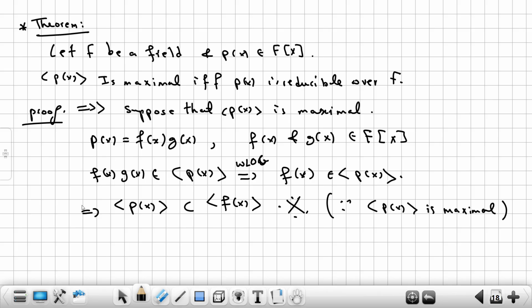Now, to prove the converse, suppose that p of x is irreducible, and let us show that this ideal is maximal.